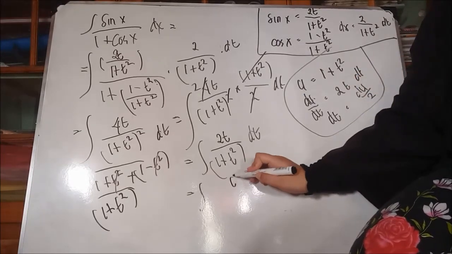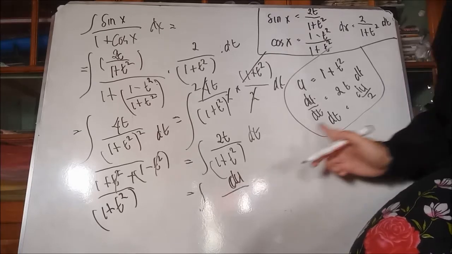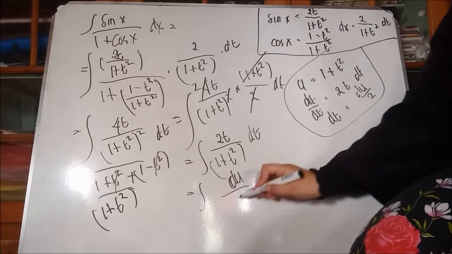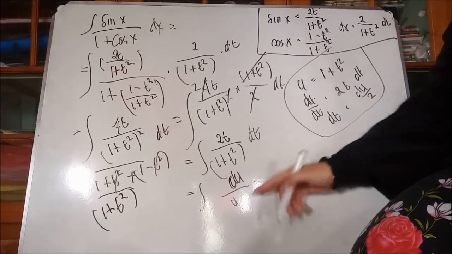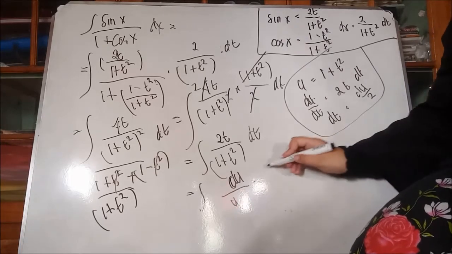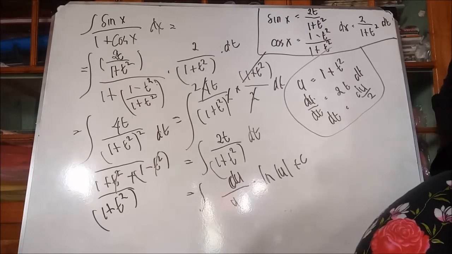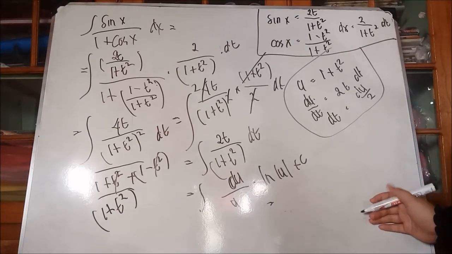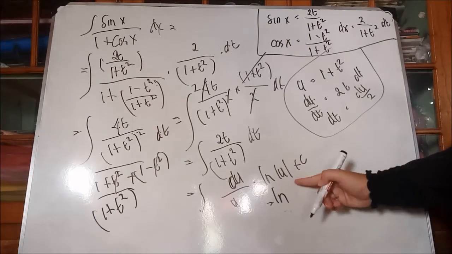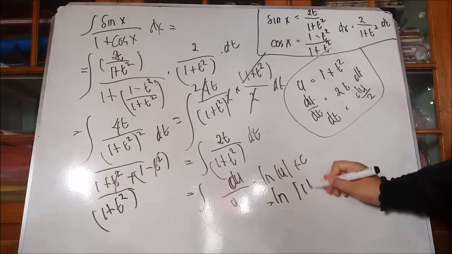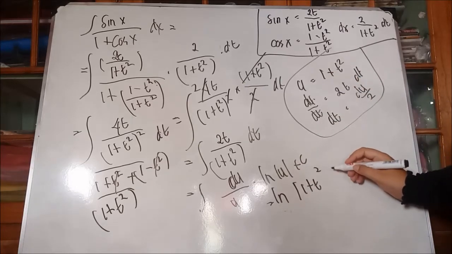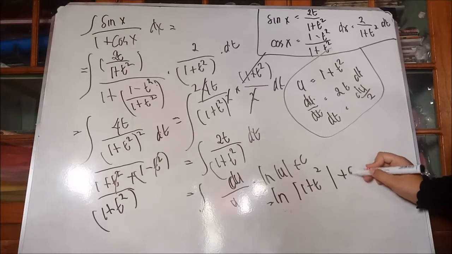So the integral of du over u, it is equal to... the integral of 1 over u du is equal to ln u plus c, right? We can continue, ln u is equal to ln of 1 plus t square plus c.